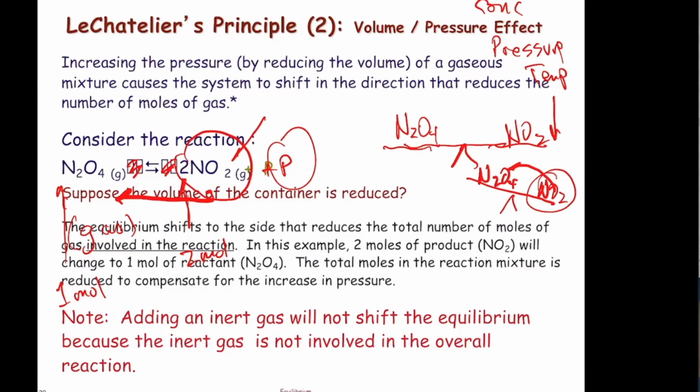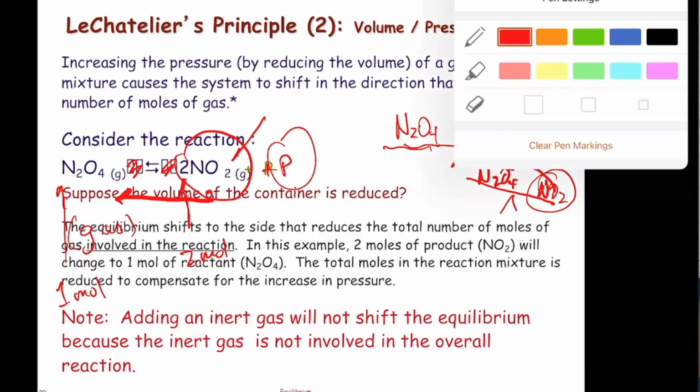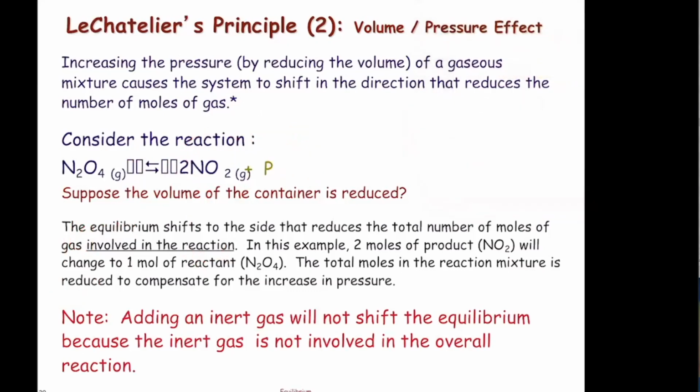Okay. On the other hand, let me clear this up. Let's say that we have a reaction, A goes to B. And let's say there's 2 moles of gas here, and there's only 1 mole of gas here. So again, we have A going to B. We want to put P on this side. Why? Because that side is more sensitive to pressure, since it's 2 moles of gas to 1 mole of gas.